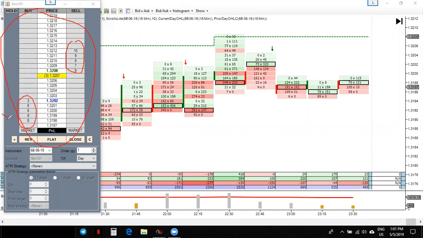These are limit buy orders which are going to be hit if the market comes down, and these are limit sell orders that are going to be hit when the market goes up. So simply, this is the bid, this is the ask.